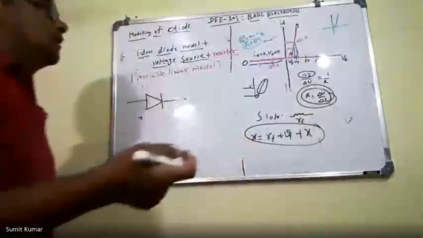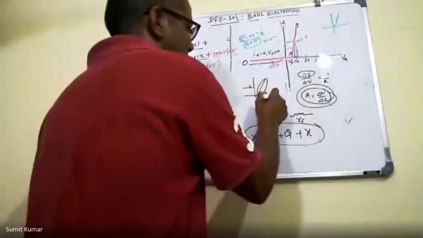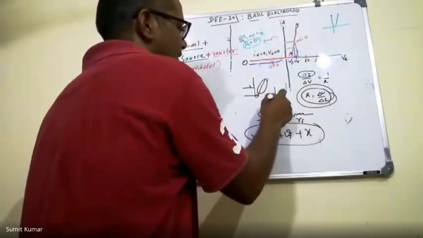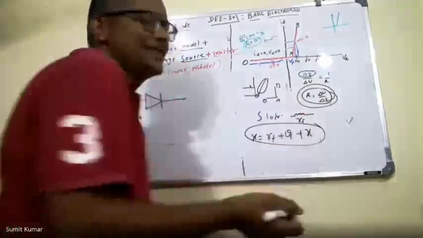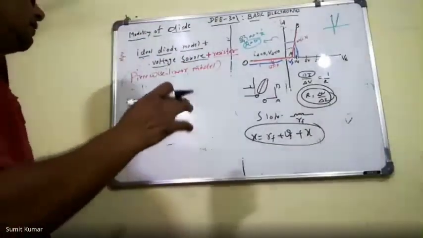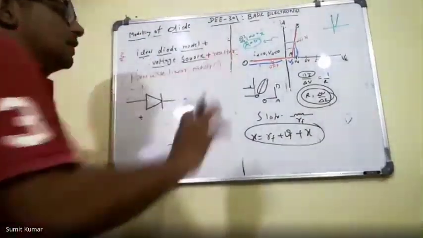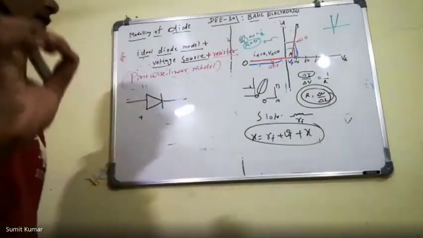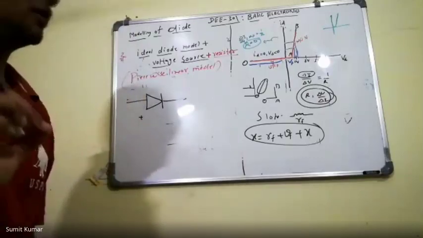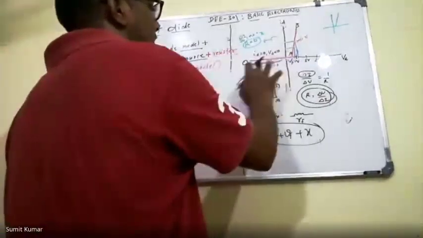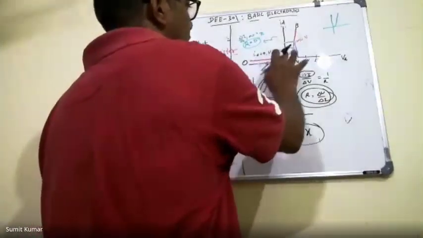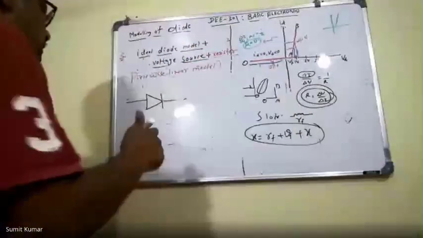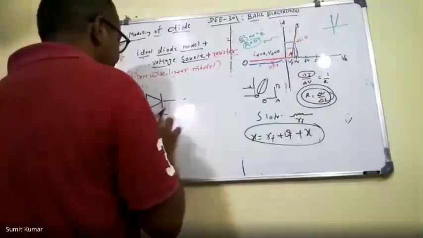I don't know why they call it that, because the previous models were also linear and piecewise, but you will find this nomenclature in the books. We do not have any problem with this as long as we understand the meaning of this model. So this is piecewise linear because piece OA is linear.